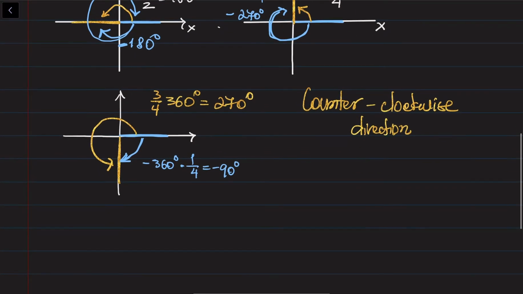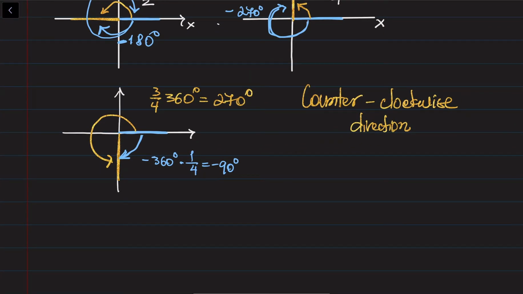So essentially, whenever we rotate the terminal line from the initial line in the counterclockwise direction, we are going to get the positive angle. And every time we need to split plus 360 degrees into pieces.